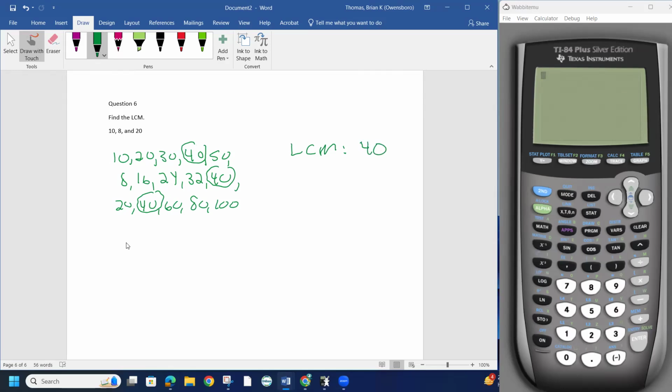Now, you also can use what's called a prime factorization. Prime numbers, remember, are numbers that have exactly two factors. So 2 is a prime number because 1 times 2 is 2. 3 is a prime number because 1 times 3 is 3. 4 is not prime because 1 times 4 is not the only pair of factors.